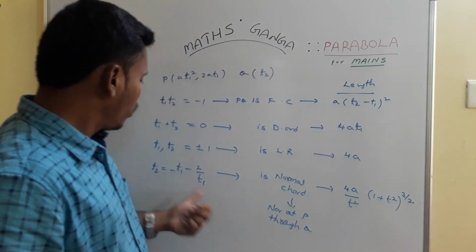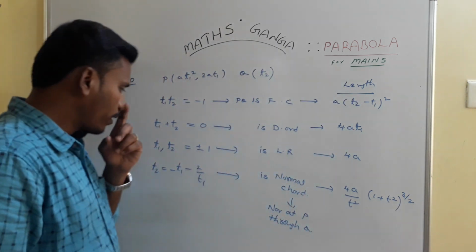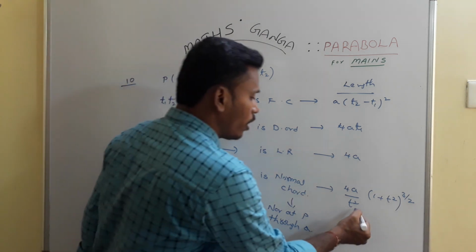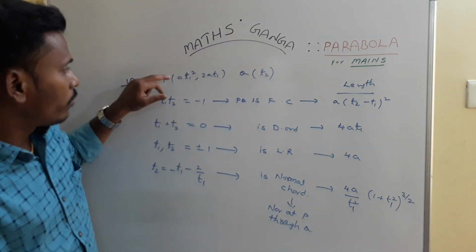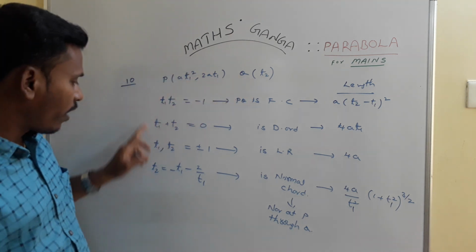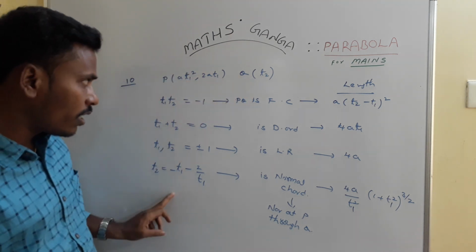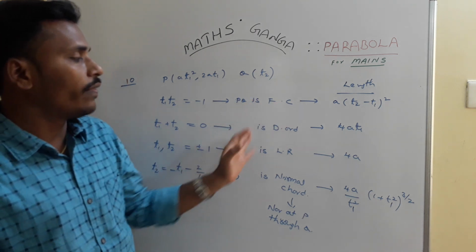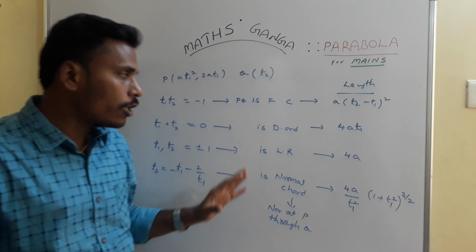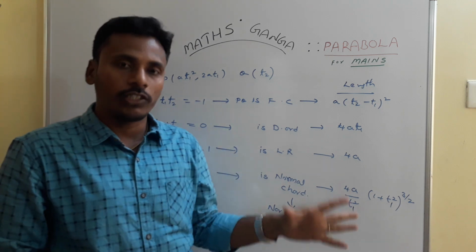See here, t2 is −t1 − 2/t1, no? Then the length of the normal chord in terms of t1 is 4a/t1² (1 + t1²)^(3/2). So there are 2 points on the parabola, with different relations on t1 and t2. Based on the relations, the nature of PQ and the length of PQ are determined. This is also one of the useful things for JEE Mains.